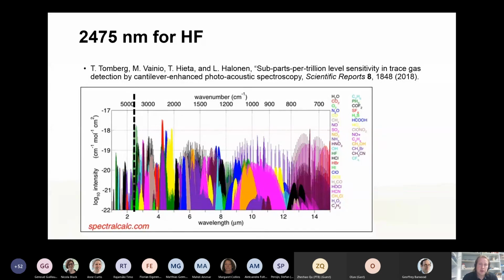Otherwise, the availability of light sources is somewhat limited, and commonly used DFBs have pretty low output power in this region. I'm mentioning output power again because the photoacoustic signal is directly proportional to the output power of the light source. But fortunately, OPOs usually can be tailored to operate at this wavelength region, and that makes the case of detecting hydrogen fluoride quite intriguing.